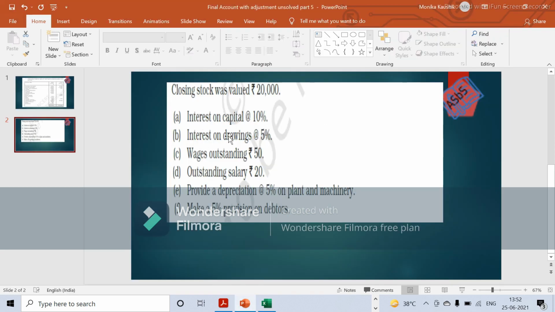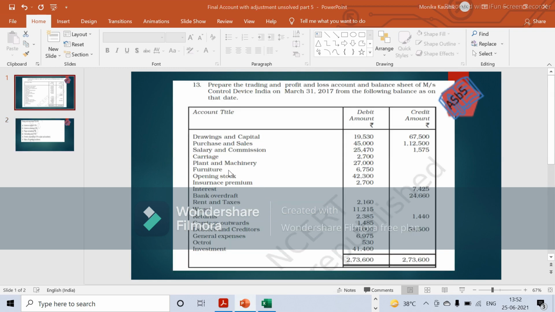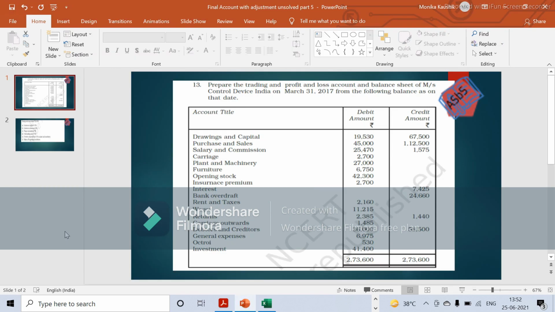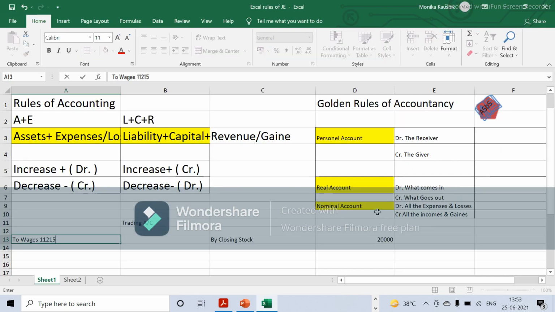Now next, we have to find out if anything is related to the trading account. Interest, P&L portion. Wages outstanding. Wages is always a part of direct expenses, or the trading account. If something is outstanding, it means that it is related to this accounting period. This is an expense, right? 11215, and something is outstanding, so it means we have not yet paid, but yes, that is related to this accounting period.